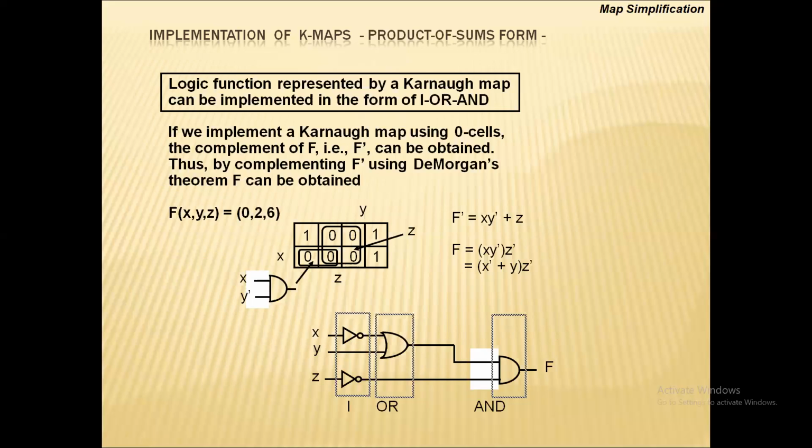So if this is a pair, and this row corresponds to X and this column corresponds to Y, let us take an example. If these two cells, 0 0 and 0 1, are the pair, then between these two cells in these two columns, the only thing left out will be Y bar.